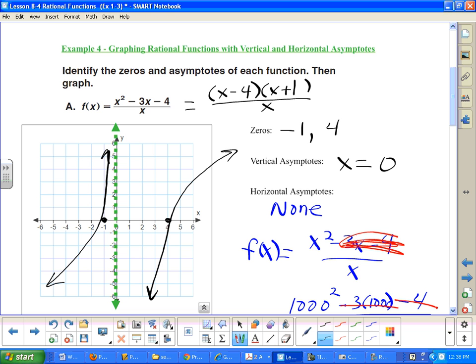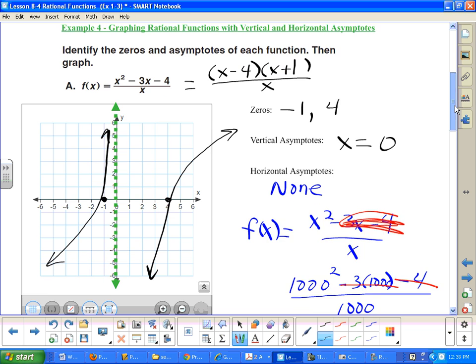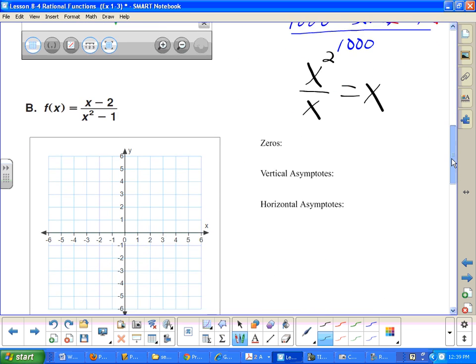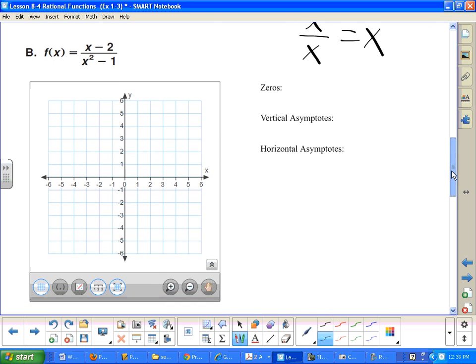You graph it, put in your y equals, you'll find some more specific values to make sure you're more exact. But the graph's going to look something similar to that. So if the degree of the numerator is larger, you have no horizontal asymptotes. Letter B.